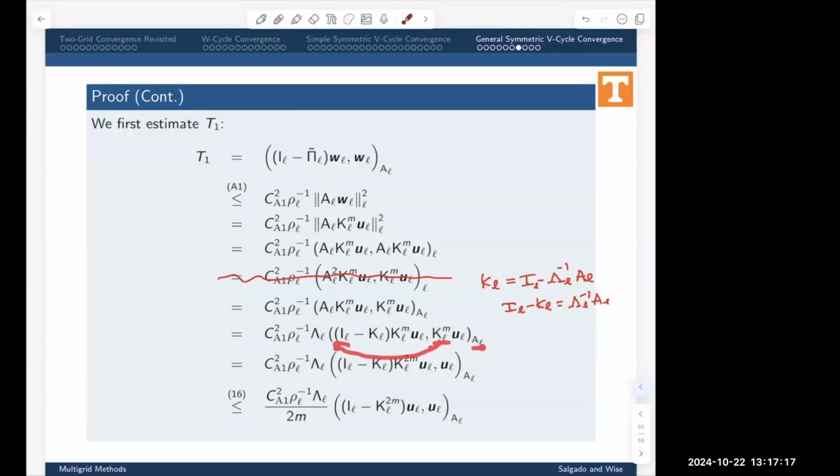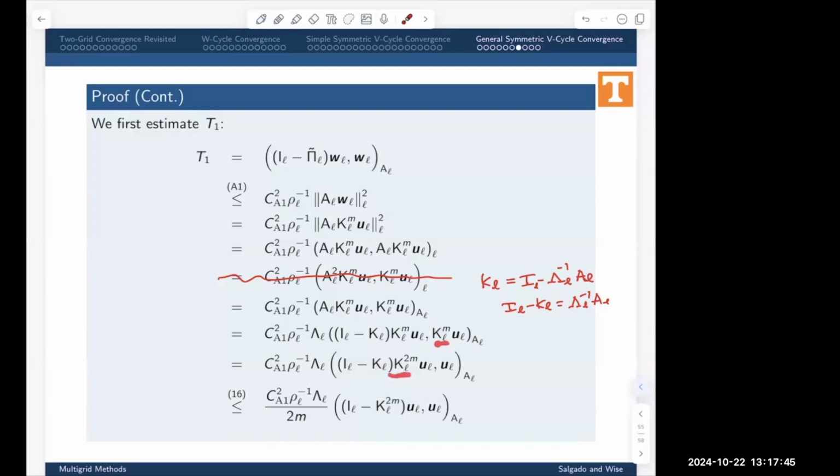Okay, so now I can move this guy back over to here. It's going to move over with an adjoint because I'm using the AL inner product. But keep in mind that this guy is self-adjoint, and this KL matrix, once I move it back over, commutes with this matrix, so I can just move it past that matrix into here.